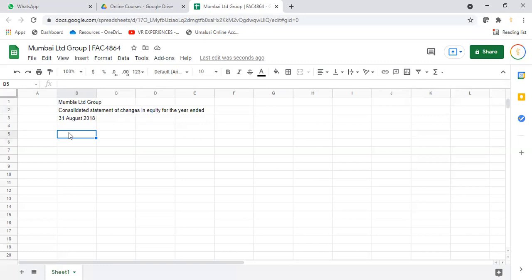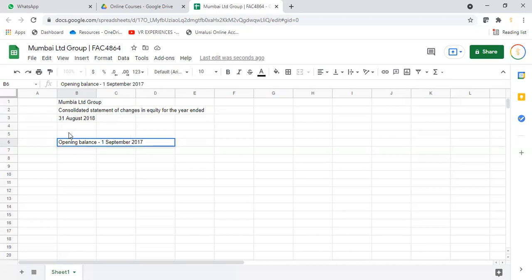So now we're going to deal with the statement of changes in equity. The whole idea over here is to reconcile the opening balance, which is 1 September 2017. There is no need to put in the date.